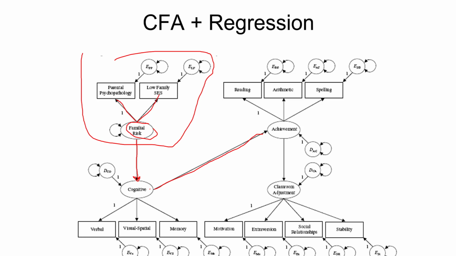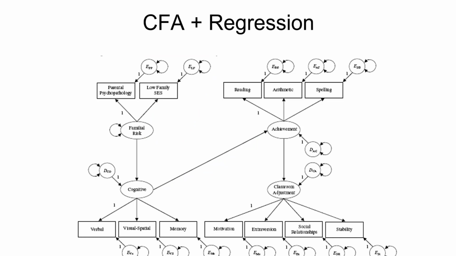So this is the advantage of structural equation modeling. We can create latent variables with multiple indicators, and so this is a much better indicator of familial risk than just one of these. And then we can predict complicated regression models with this, where one leads to another, which leads to another, rather than all of them leading to one outcome. So this is kind of highlighting the advantage.